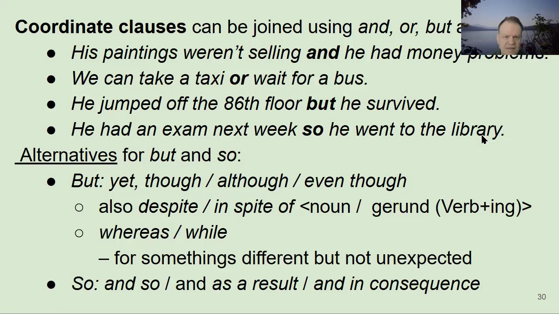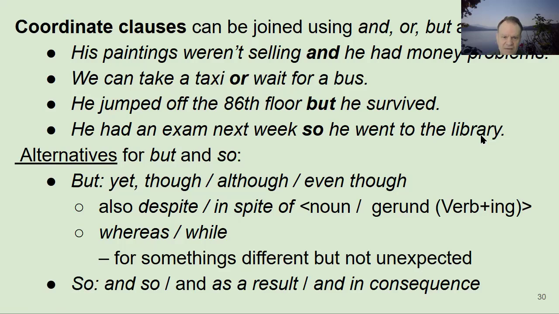Alternatives for but and so: for but we can use yet, though, although, even though. Also we can use despite, in spite of, a noun or gerund, that's a verb in, like standing train or sitting students. Standing train, sorry, ignore that.